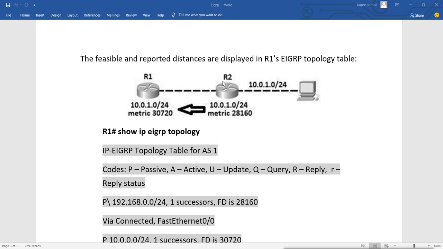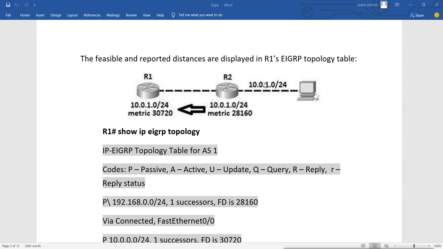It is connected to router 2, and for router 2 the metric is 28160. So router 2 will inform router 1 that its metric for this network is 28160. For router 1 the reported distance is this, reported by router 2, and when it adds its own distance to it, it becomes 30720, and this is the feasible distance, the distance for router 1 to reach that network.